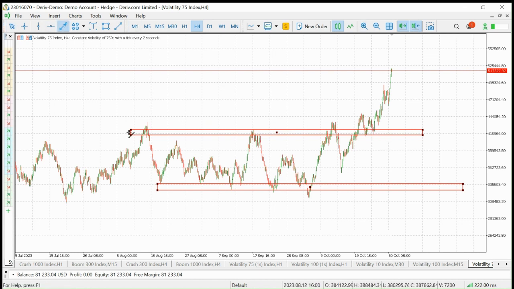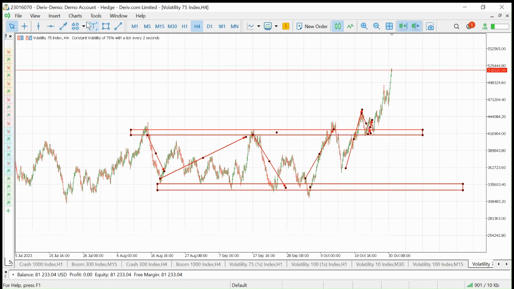So all along price was just consolidating. There was no big movement, as you can see. It was a choppy market up until V75 then provided us with a breakout. So this was the breakout, and the breakout was then followed by a retest twice to our new support zone. This was a previous resistance zone, and then it later on turned to a support zone.